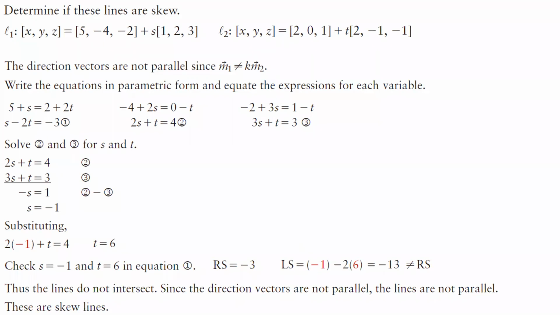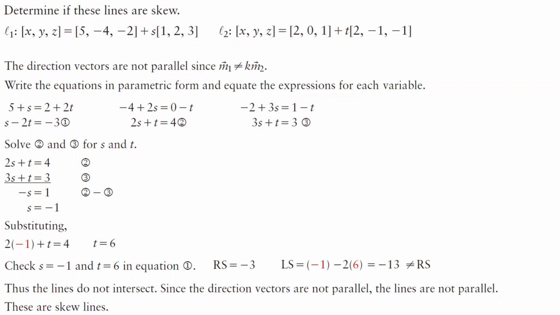That gives us three equations, 1, 2, 3. Again, we can solve number 1 and 2, or number 2 and 3, or number 1 and 3 for t and s. For example, we can first solve equations number 2 and 3 for s and t. That gives us s equals -1, t equals 6.